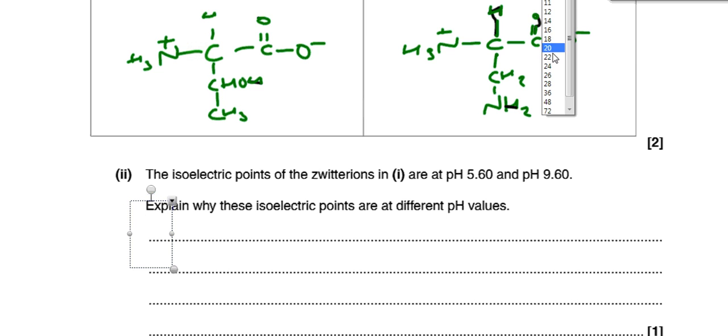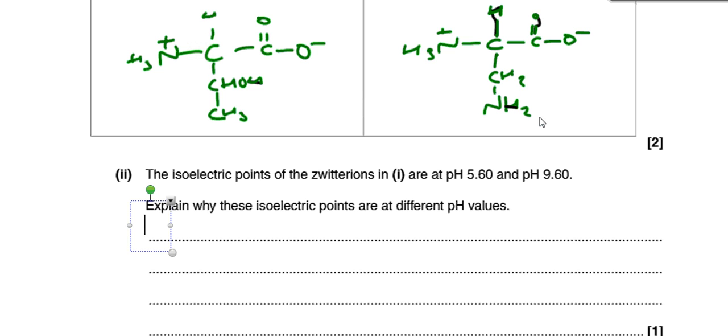So these two isoelectric points, key thing here is only one mark. Why do they have different pH values? At this point, you've got to look at the R groups. Now this has got an amine group in it, and you want that amine group not to be protonated at the isoelectric point so that the zwitterion forms.